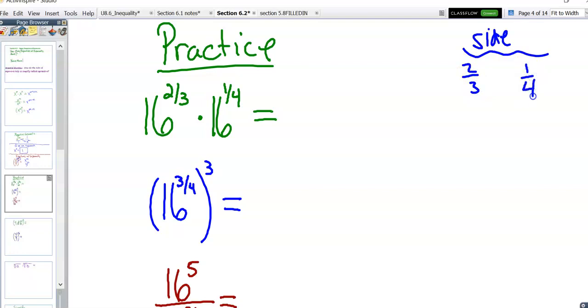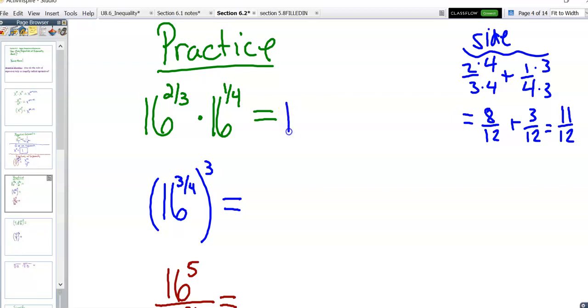2/3, 1/4. They're going to have a common denominator of 12. So this is the same thing as 16 to the 11 over 12 power.